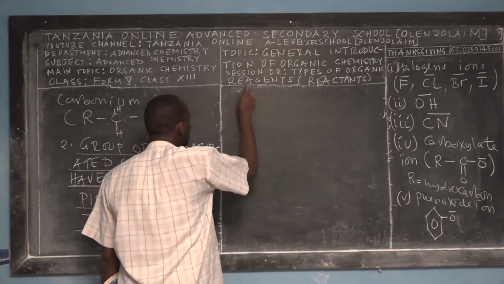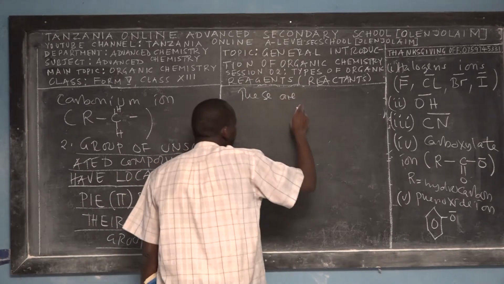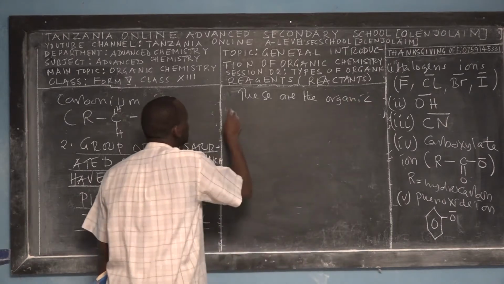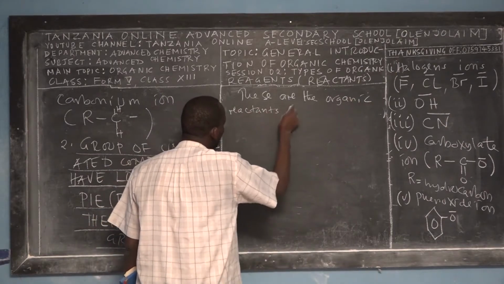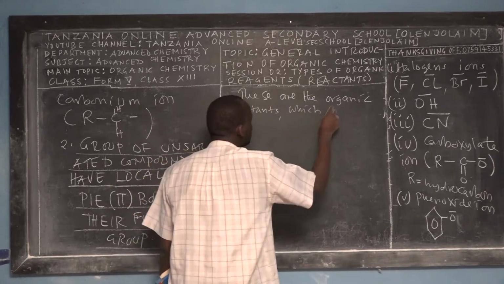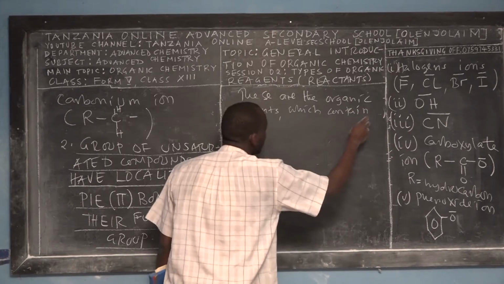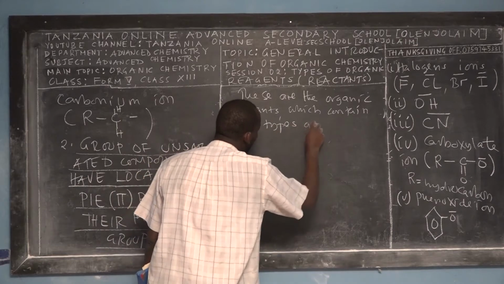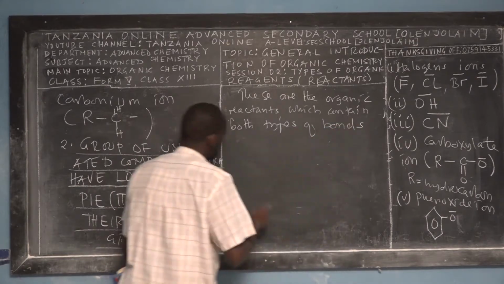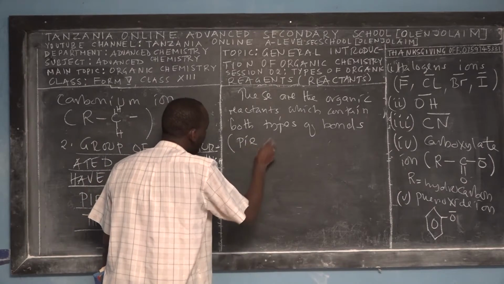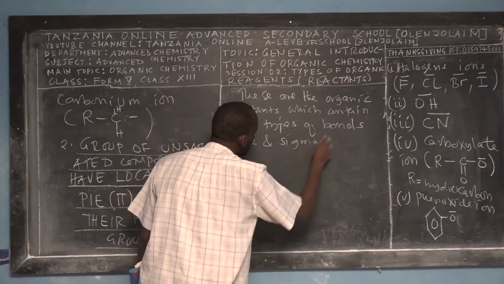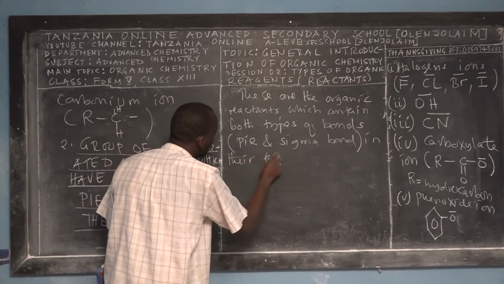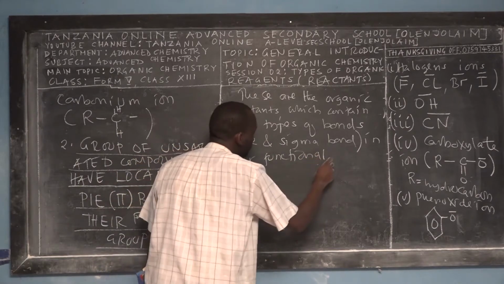So these are the compounds, or these are the organic reactants which contain both types of bonds, the pi and the sigma bond, in their functional group.